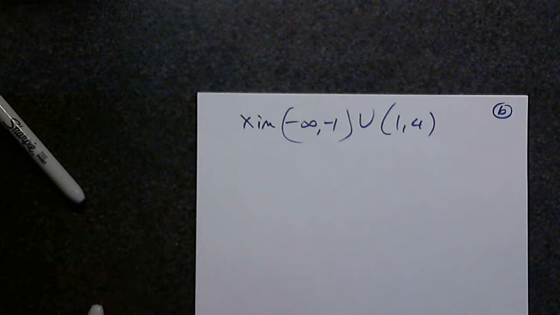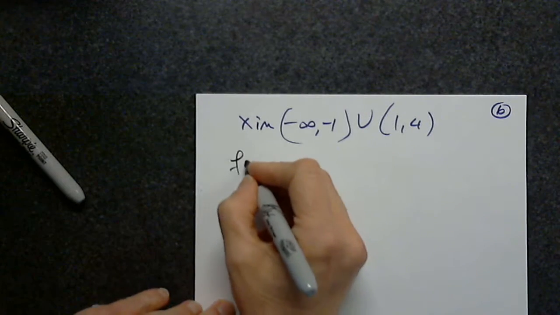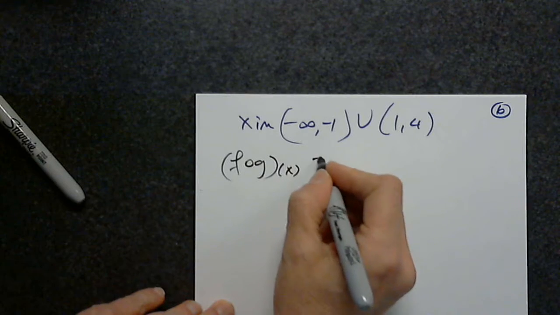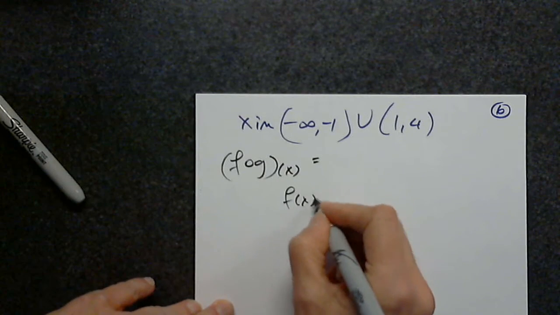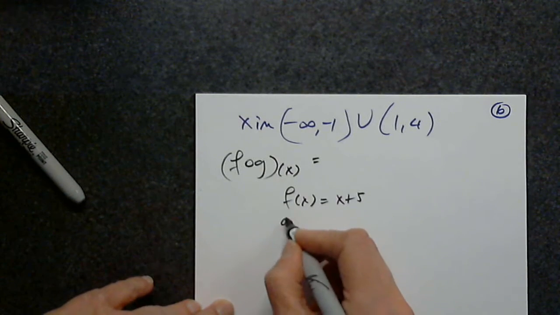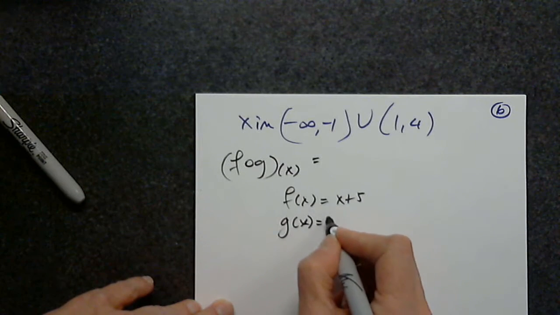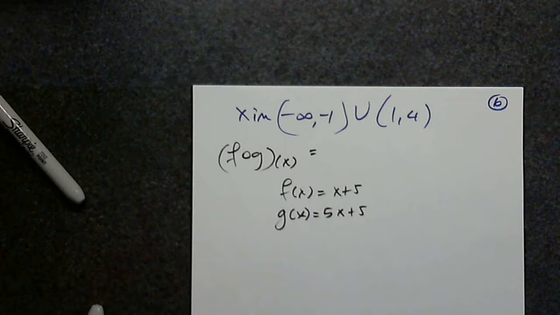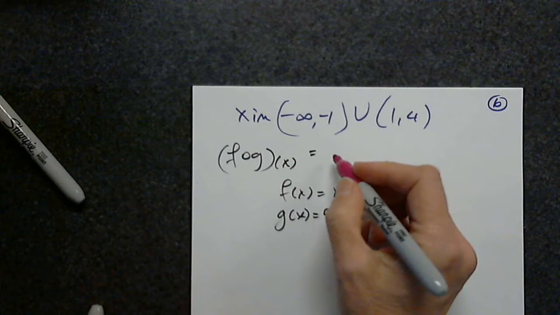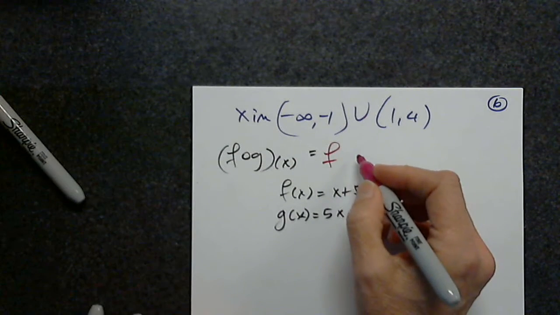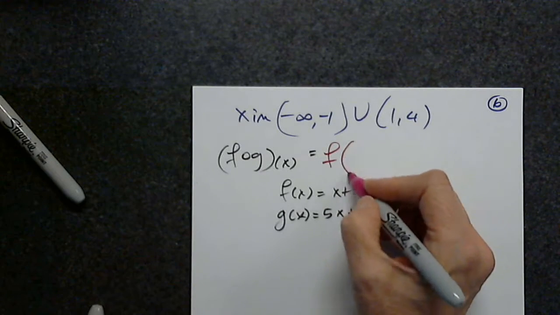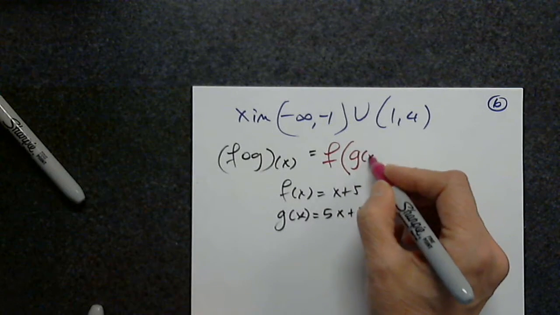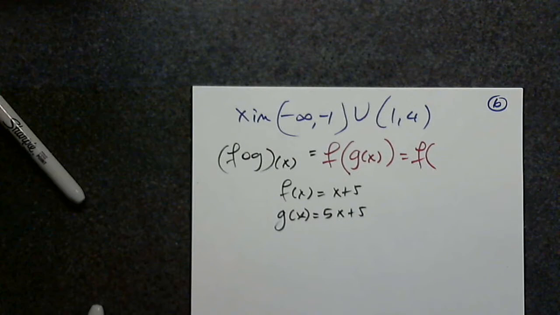So it's f of x equals x plus 5, and g of x equals 5x plus 5. Very good. And we want to find f composed with g? Perfect. So what is the definition of f composed with g? By definition, f composed with g is f of g of x. And what is g?